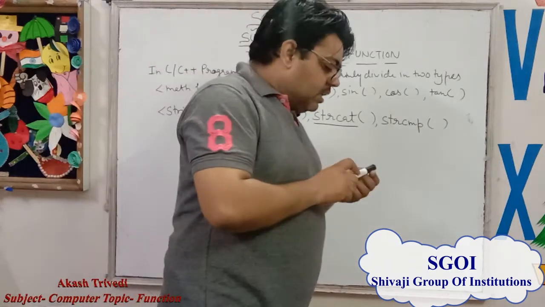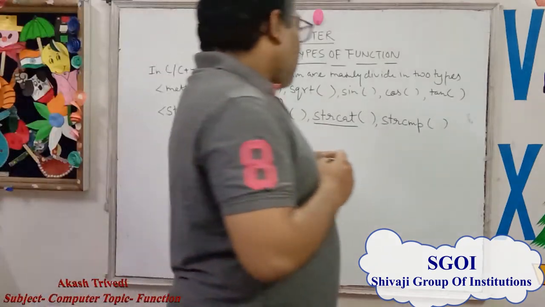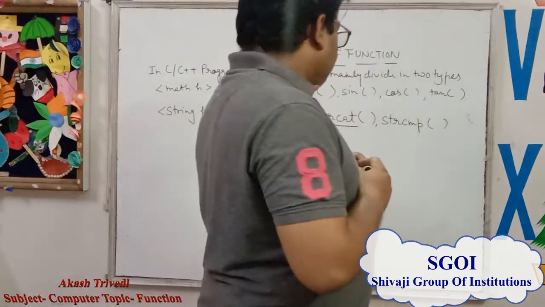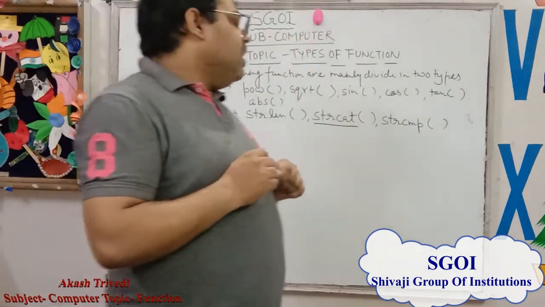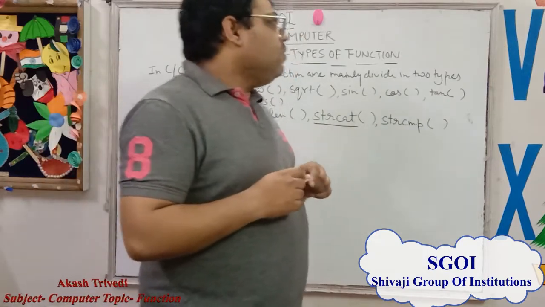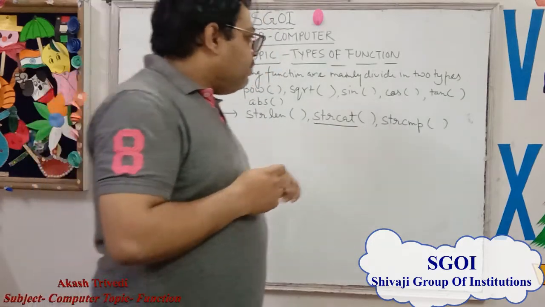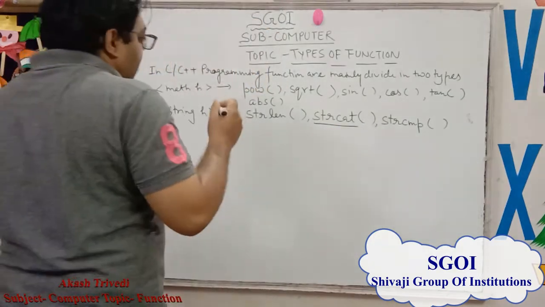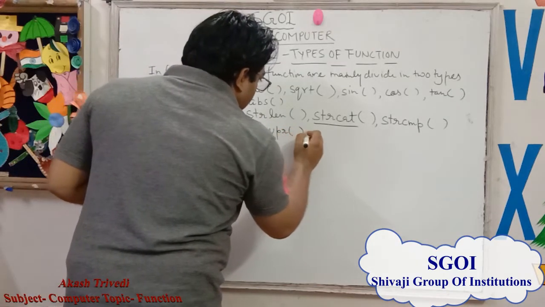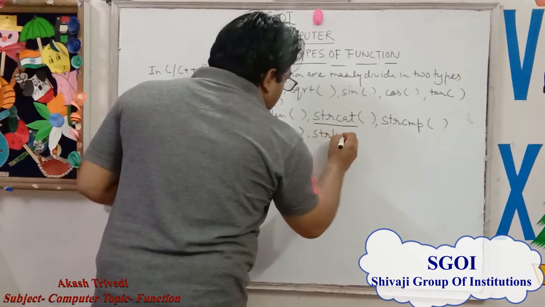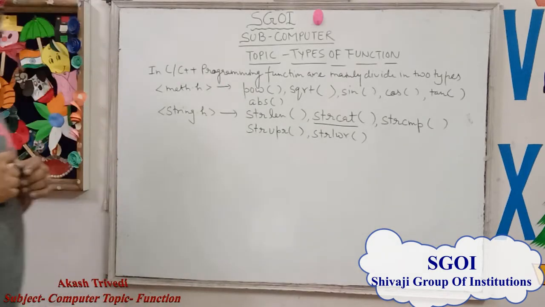In all conditions, the output is: when str1 is greater than str2, the result is positive; when str1 is less than str2, the result is negative; and when str1 equals str2, it prints 0. After that, there are two functions, strupr and strlwr. These are also used in the string.h header file.